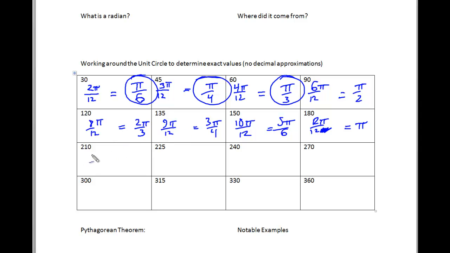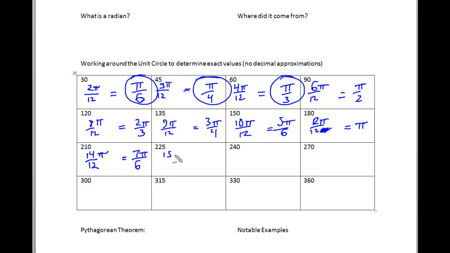Now here's something that messes people up a little bit. This is 14 slices out of 12, not out of 24, because there are 12 slices per pie, so this is actually more than 12, so this is going to be a number that's bigger than 1 pie. This is 7/6.